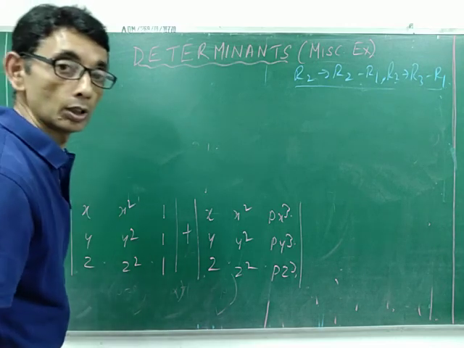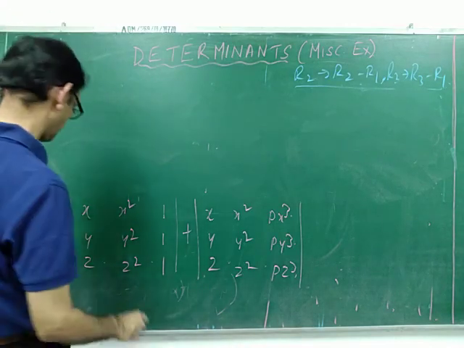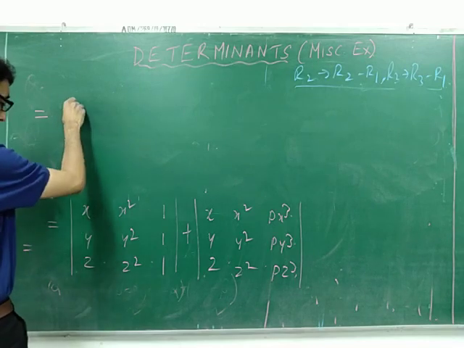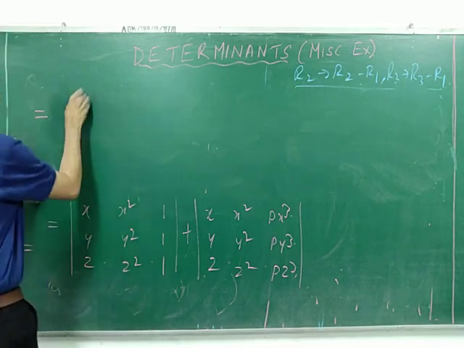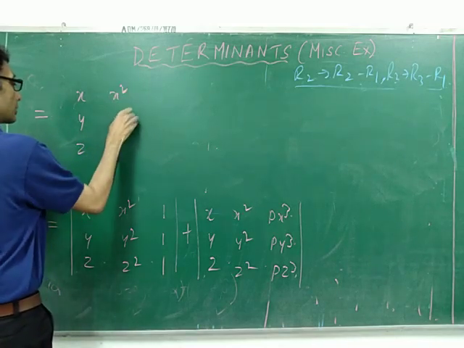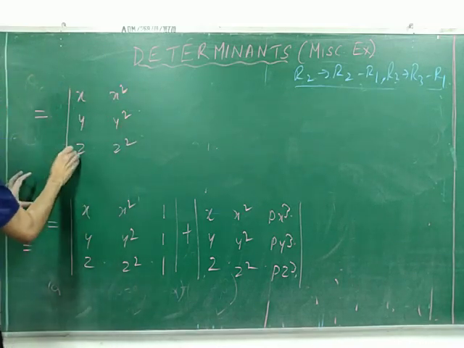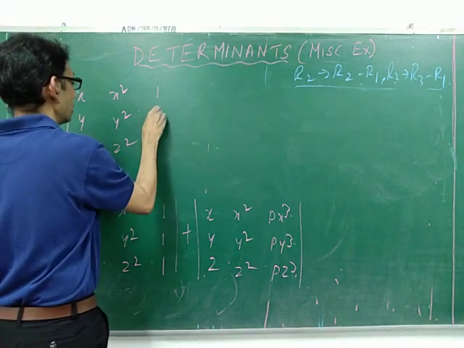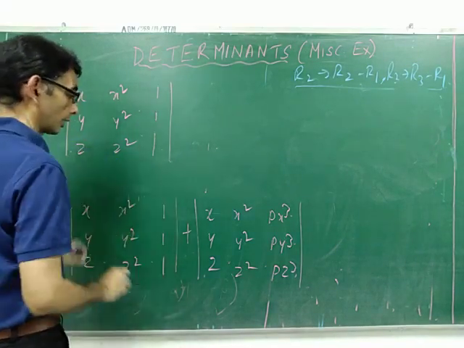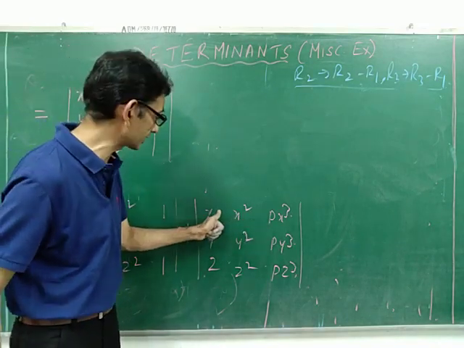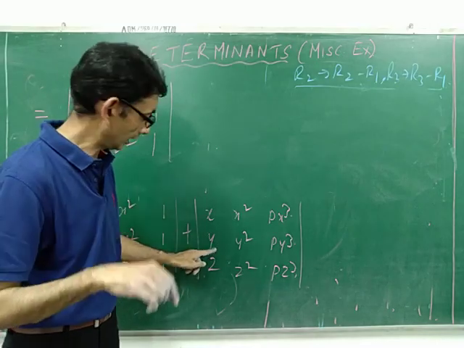So what I'm going to do is, this is x, y, z, x, y, z. This is x squared, y squared, z squared, x squared, y squared, z squared, and this is 1, 1, 1. Okay, and what you have seen common is x in the first row, y in the second row, and z in the third row.